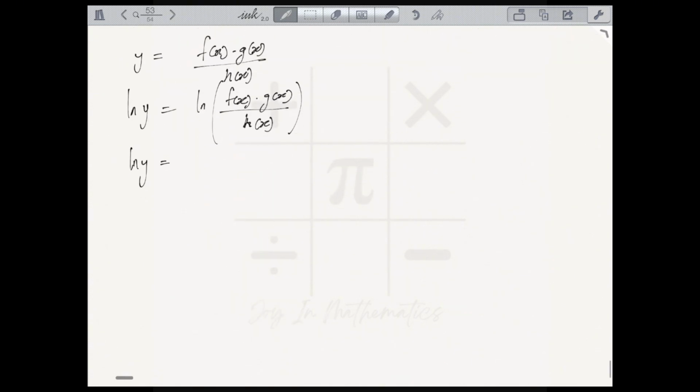Therefore, this becomes ln f of x plus ln g of x minus ln h of x. We can see that f of x and g of x are multiplying, that's why there's an addition sign, and h of x is dividing, that is why we have a subtraction sign.